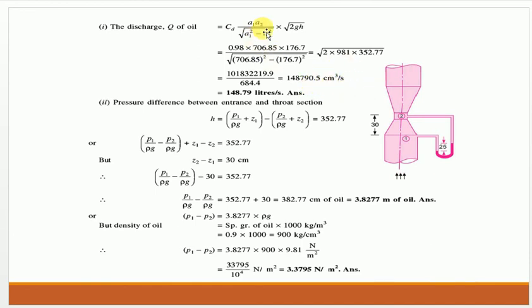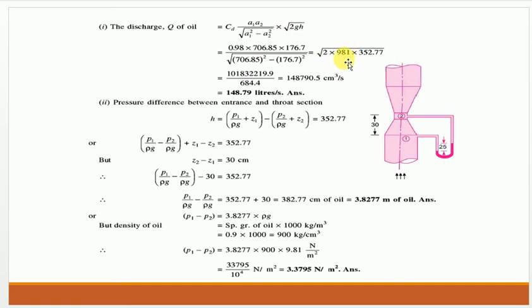We have some simplification here, so everything is in terms of centimeters. If we put them together, I get the result in centimeter cube per second. So make sure the value of g, which is 9.81 meter per second square, is not substituted as 9.81.